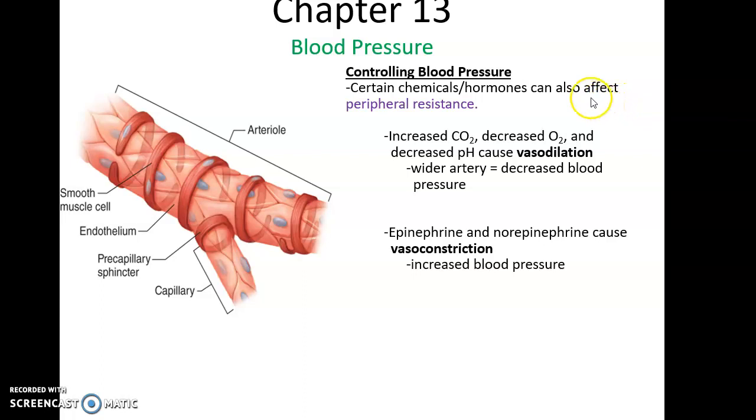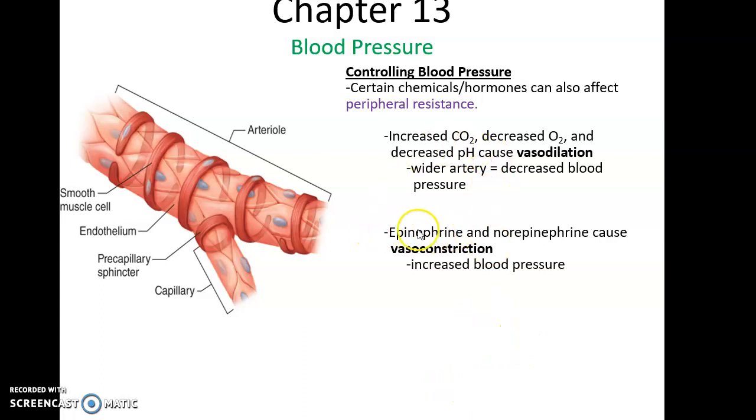There are also receptors detecting various chemicals that can then affect whether the blood vessels dilate or constrict. So if the arteries or arterioles in a certain area are detecting increased carbon dioxide levels or decreased oxygen levels or a decreased pH, this can lead to vasodilation, which would then decrease blood pressure. The arteries will widen from the dilation, decreasing blood pressure.